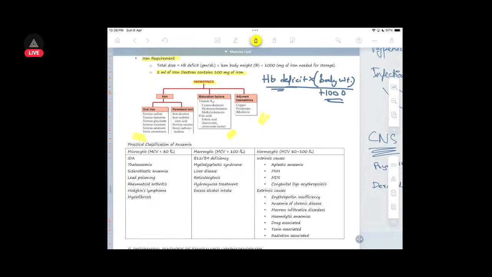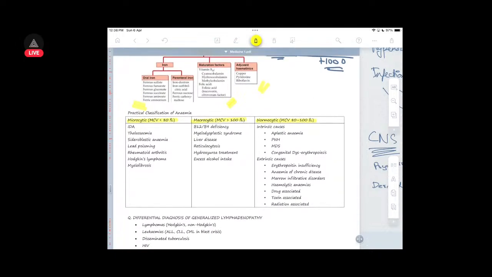So morphological classification of anemia: you have microcytic, macrocytic and normocytic, each with their volume. Okay, so microcytic anemia is thalassemia, sideroblastic anemia, lead poisoning, myelofibrosis, Hodgkin's lymphoma, IDA, iron deficiency anemia, obviously.